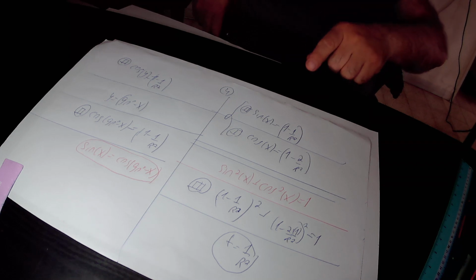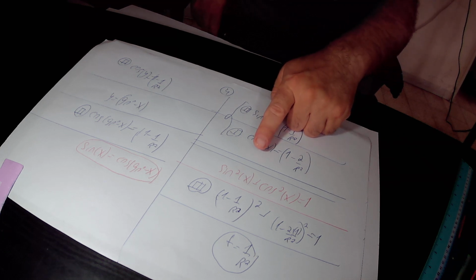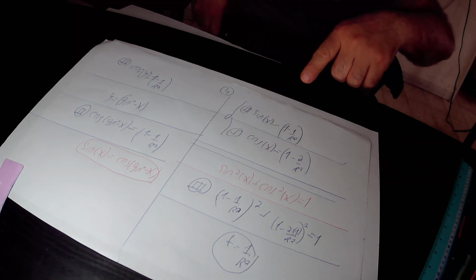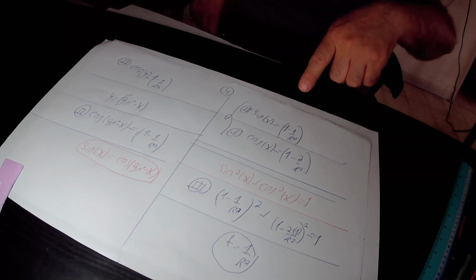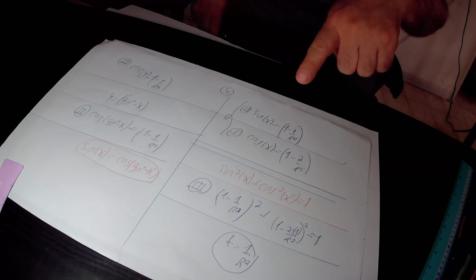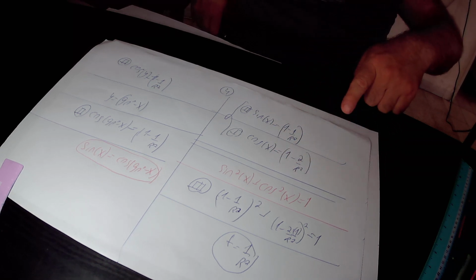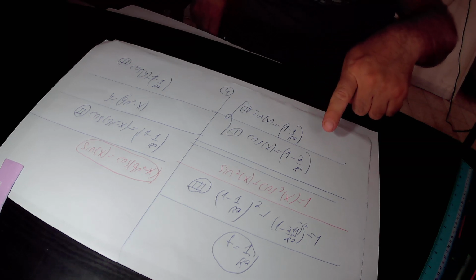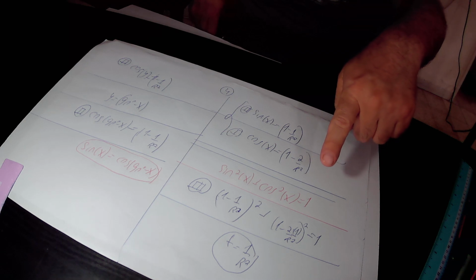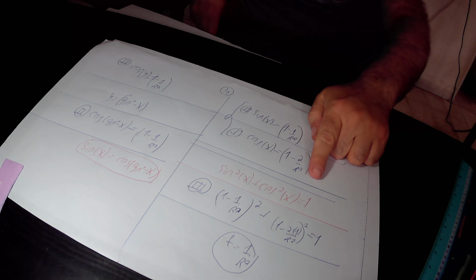So sine squared x equals, we know that sine x equals 1 minus 1 over r squared, and therefore sine squared x is (1 minus 1 over r squared) squared, plus cosine squared x. Cosine x is 1 minus 2 over r squared, and therefore cosine squared x is (1 minus 2 over r squared) squared, and this equals 1.